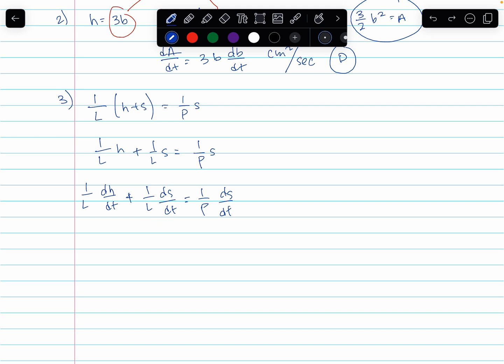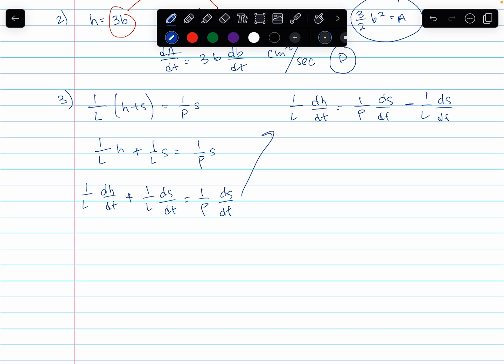So if you look at the answers, they are solving for this right here. So let's move that over there. So 1 over L dh/dt is equal to 1 over P ds/dt minus 1 over L ds/dt.